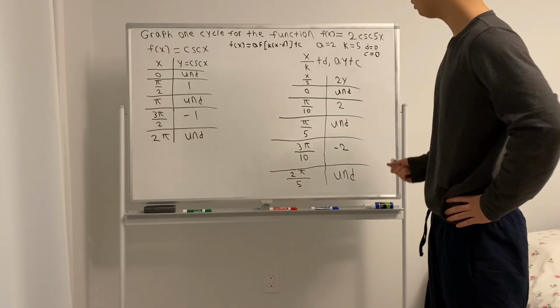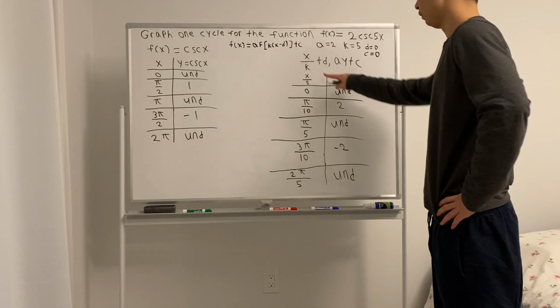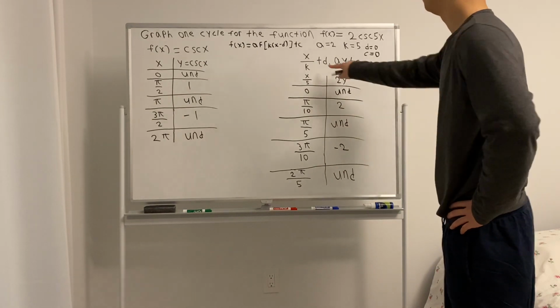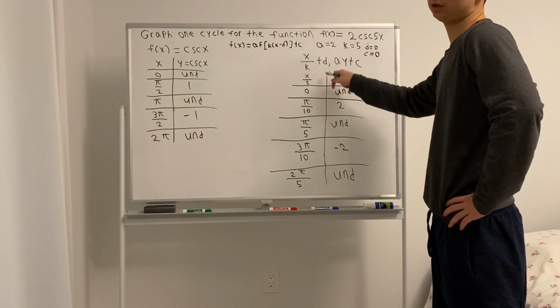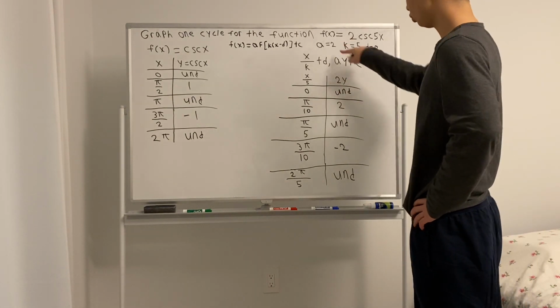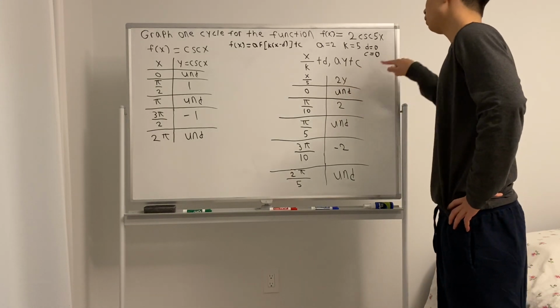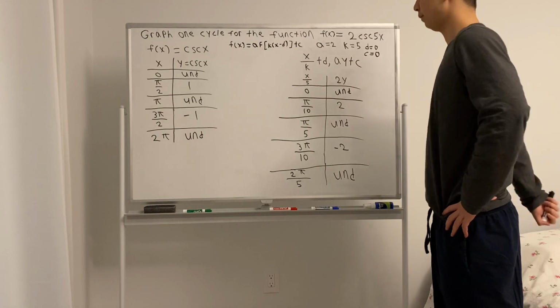Here, our k value was 5, so we plug in 5 for k. And d is 0 because there's no phase shift, so I'm not even going to write that. For y values, our a value is 2, so we put in 2 here. There is no c value, no vertical shift, so I don't even include it, okay?